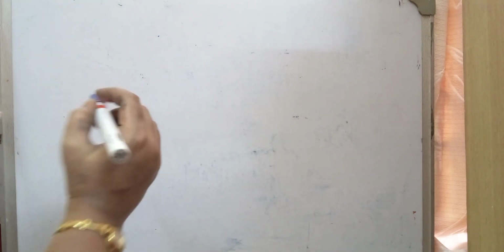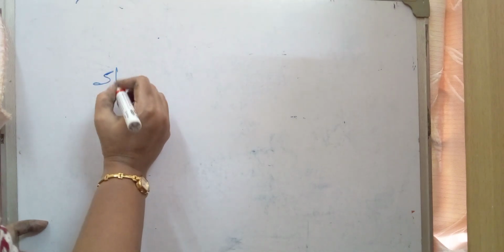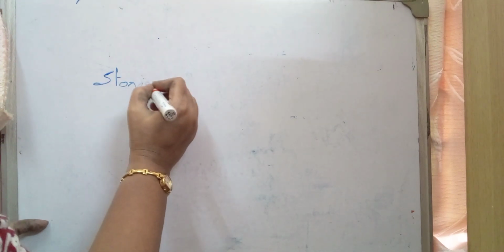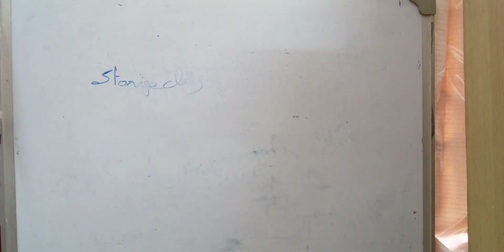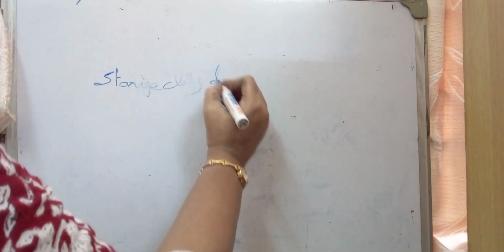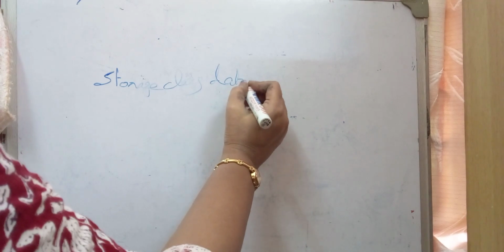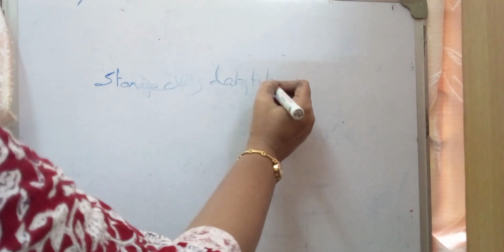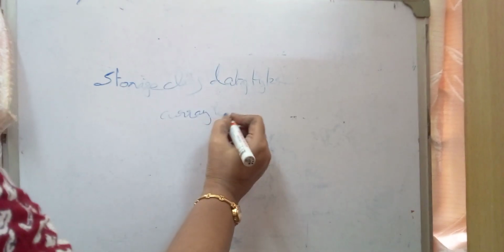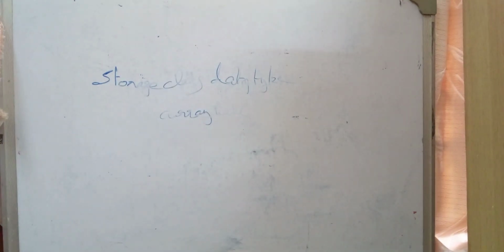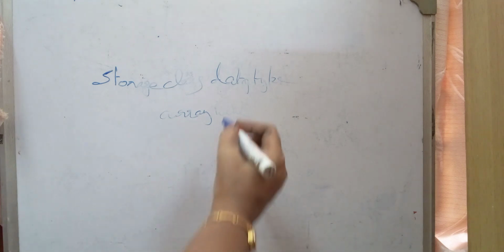So an array is defined in the same manner as an ordinary variable is defined. Like array definition: storage class, data type, array name and expression.